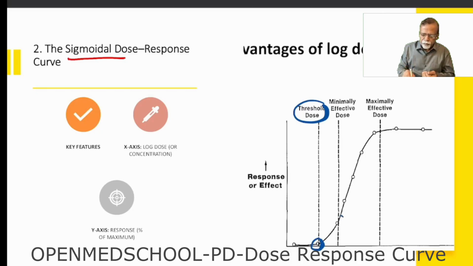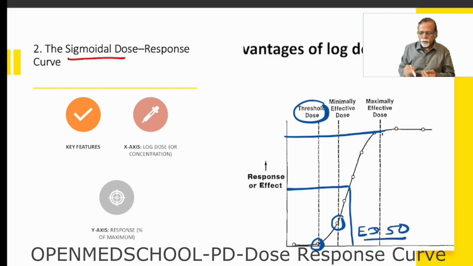What is the minimum dose that is effective, and the maximum dose for the efficacy, and what is the dose of the drug that produces 50% of the effect? This dose is called the ED50. That is the dose that produces 50% of the response.